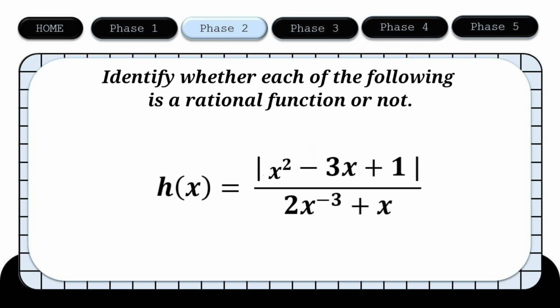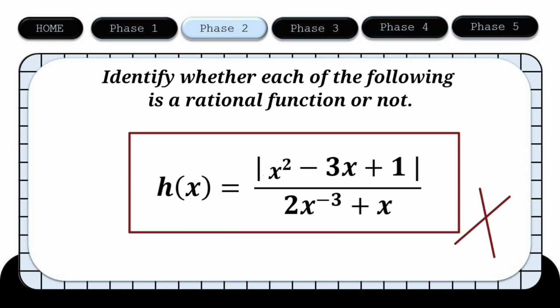Next, h of x is equal to absolute value of x squared minus 3x plus 1 all over 2x raised to negative 3 plus x. This is not a rational function.